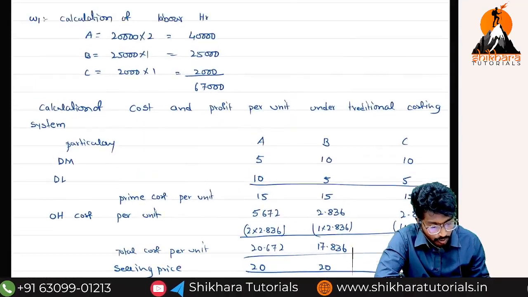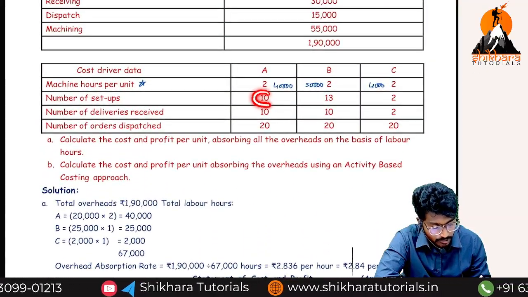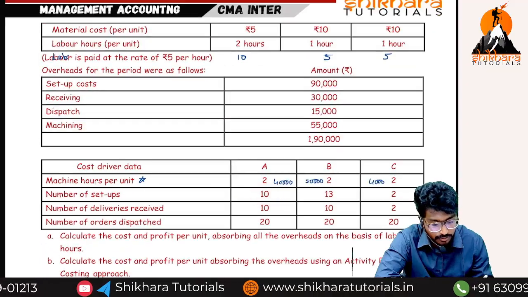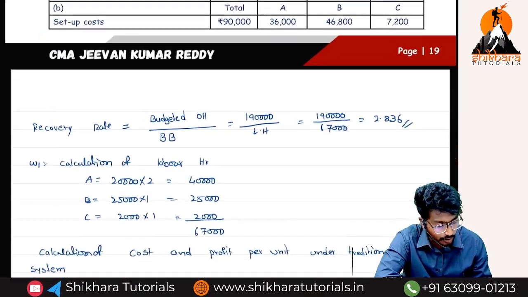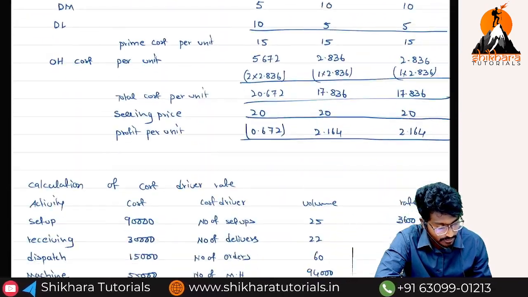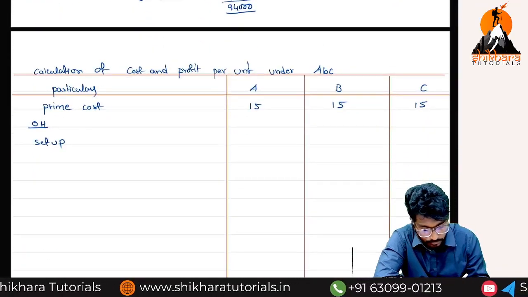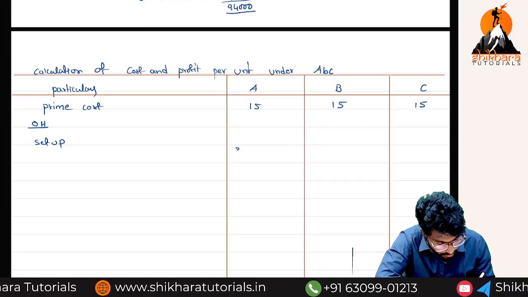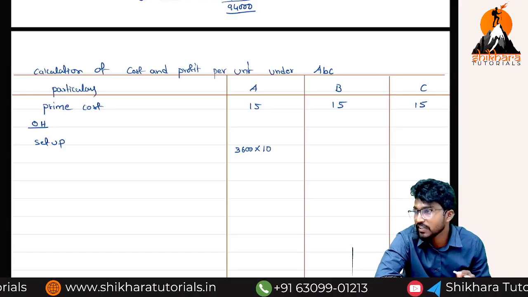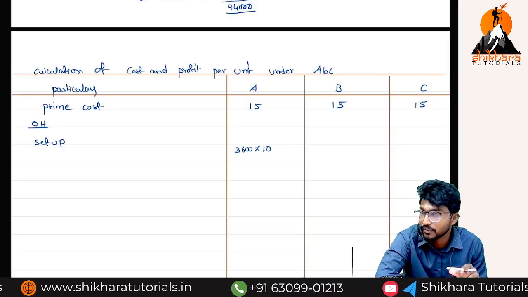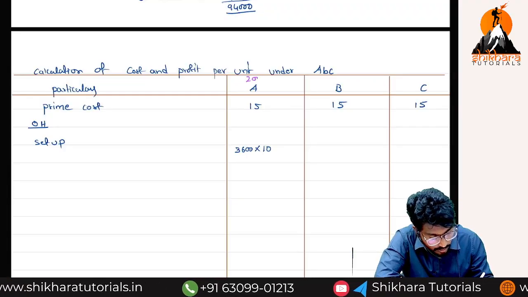Now, out of overall setups, A used how many setups? 10 setups. For how many units? 10 setups for 20,000 units. Per setup you have to recover 3,600. Now setup cost is 3,600 into 10. This is the total setup cost for 20,000 units.